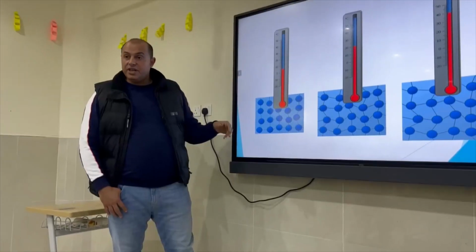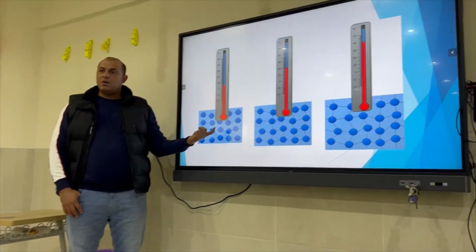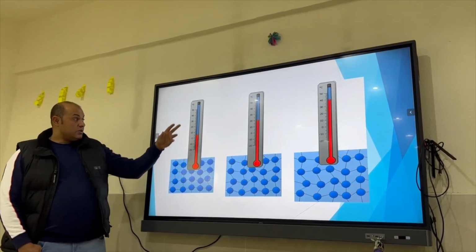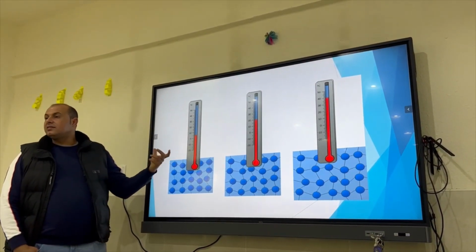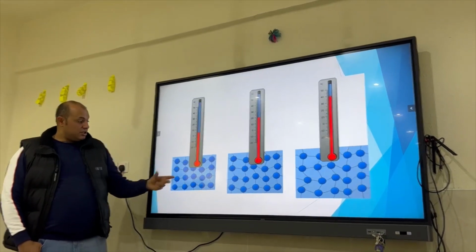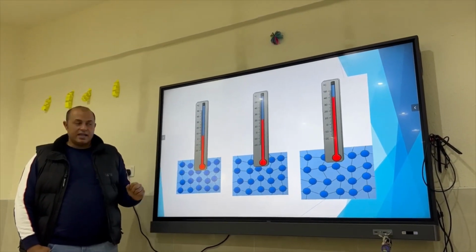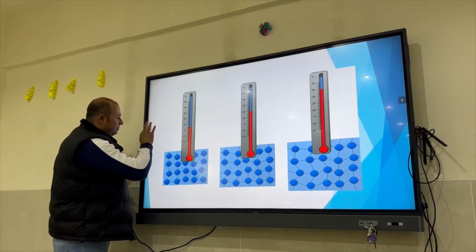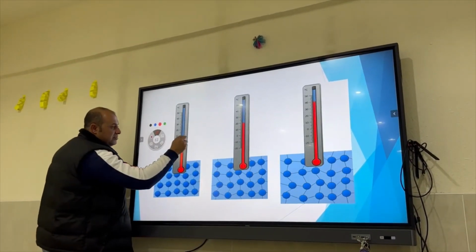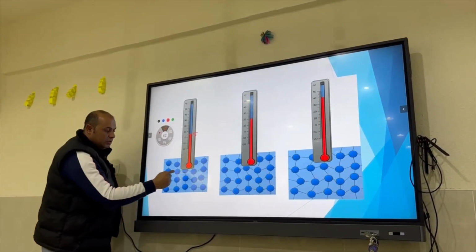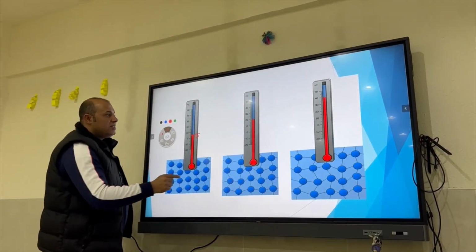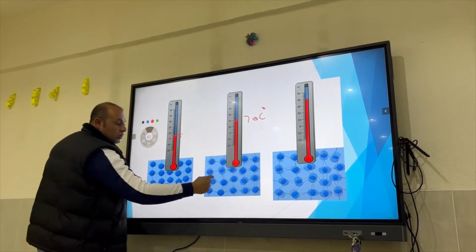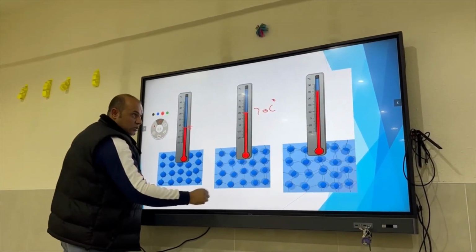Now, between temperature and the speed of particles. What could you see here? You see a thermometer that measures temperature and the particles of the gas. Here, the temperature is 5 Celsius. Look at the speed of particles. When the temperature increases to 20 Celsius, look whether the speed of particles increases or not.